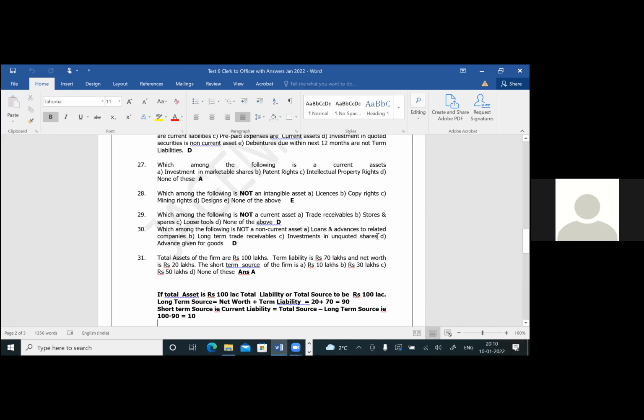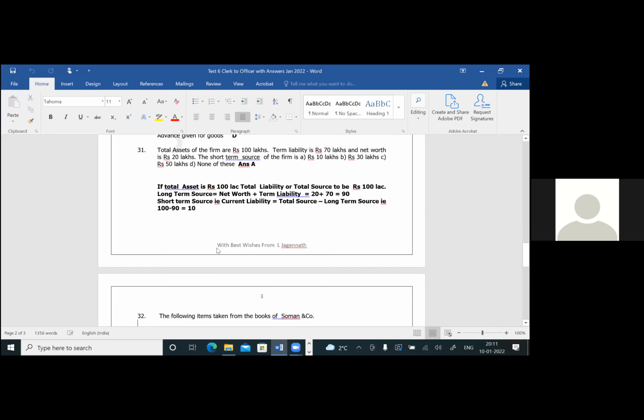Investments in unquoted shares, it is a non-current asset. Advances given for goods, it is a prepaid expense, it is a current asset. So the question is which is not a non-current asset. So the answer option is D. Advances given for goods is not a non-current asset, it is a current asset. Question number 30, answer is D.